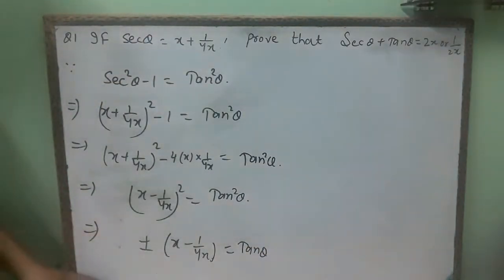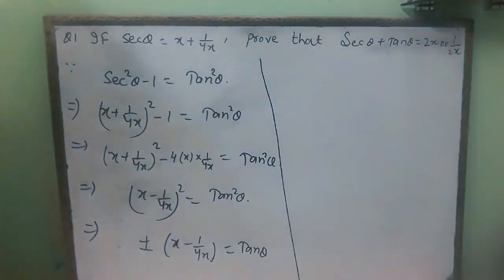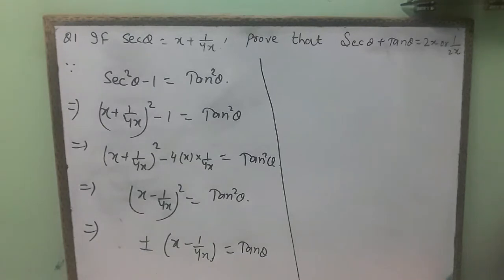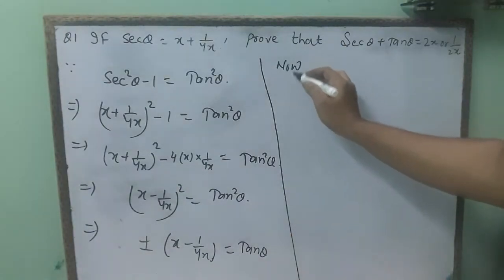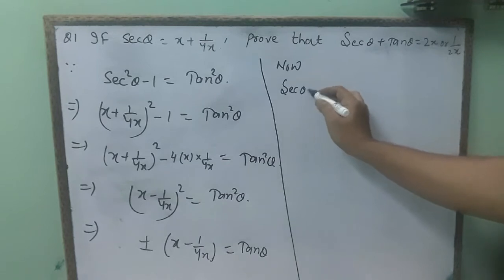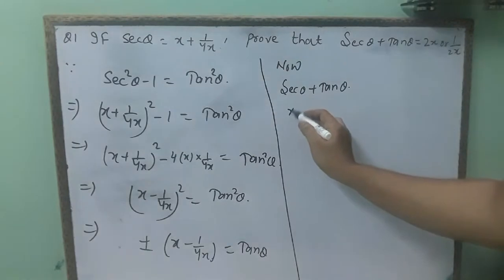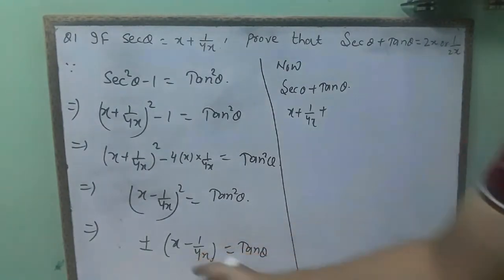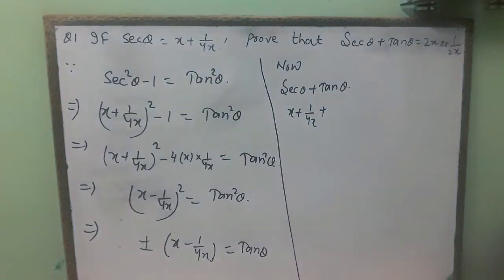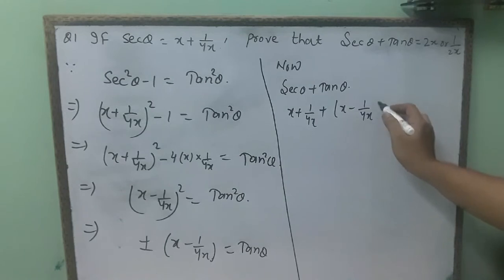So first we have to find the value of tan theta, then we will find the value of sec theta plus tan theta. Now for sec theta plus tan theta we will add. Sec theta plus tan theta will be x plus 1 by 4x plus, first taking the positive value of tan theta, that is x minus 1 by 4x.